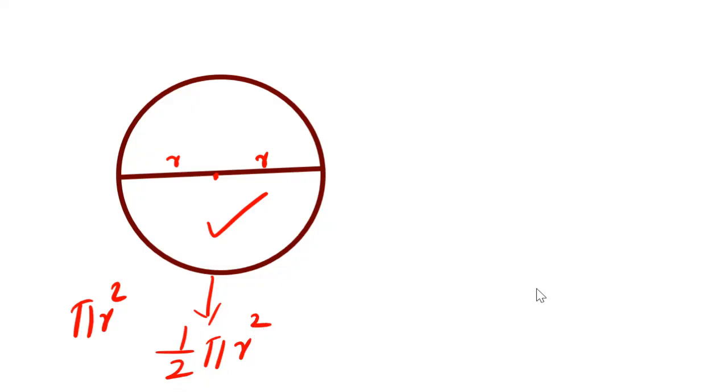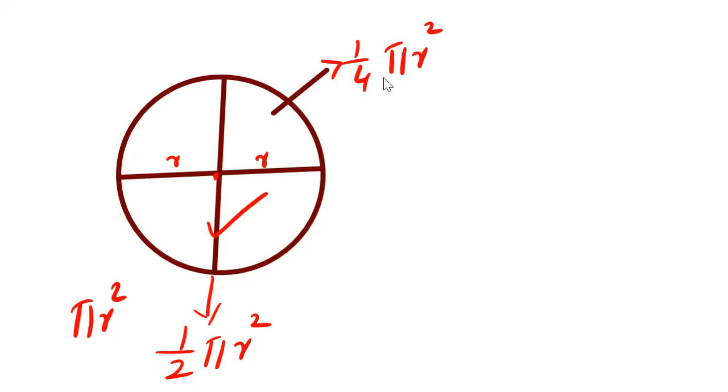No doubt about it. Suppose I make one more diameter, the circle will be divided into 4 equal parts, and 4 sectors will be formed, all of equal measurement, and then I would say each has a measure equal to 1/4 of pi r square.